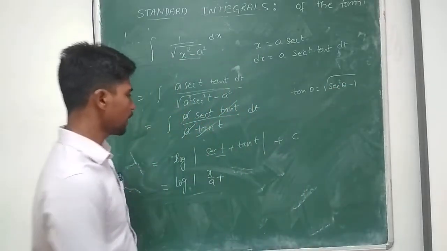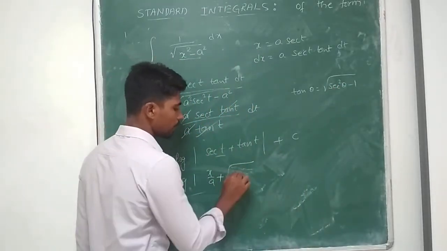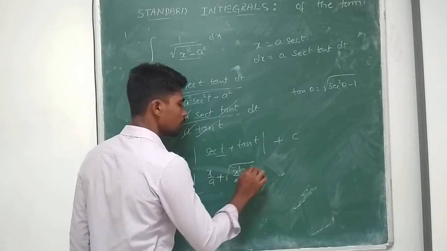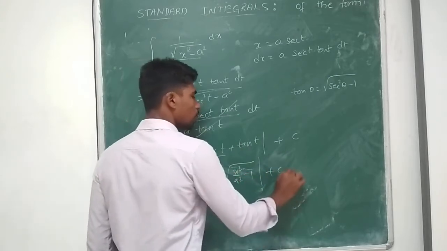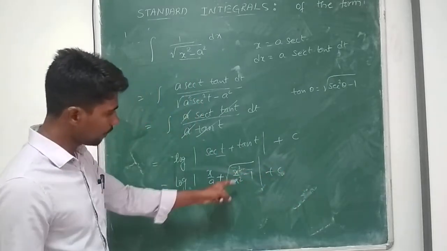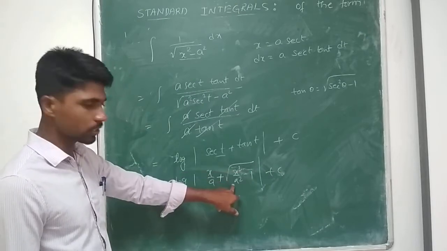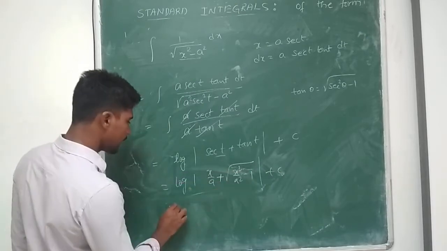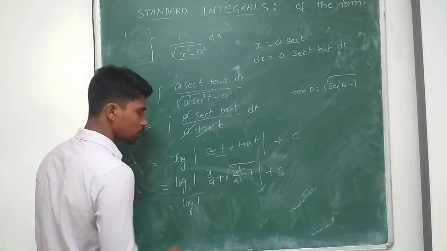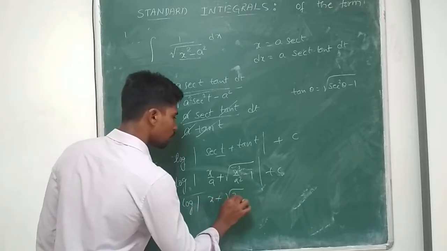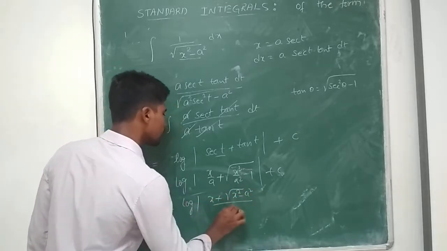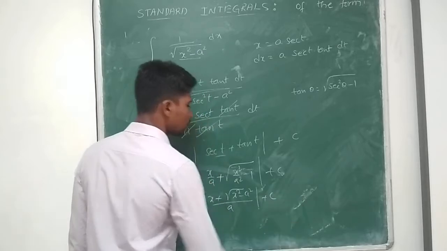So we can write it as root over x square by a square minus 1 plus a constant c. If I take LCM as a square, I get x square minus a square by root a square, which is nothing but a. Finally I get log modulus of x plus root of x square minus a square by a plus a constant c.